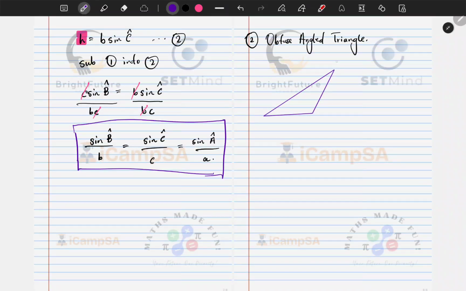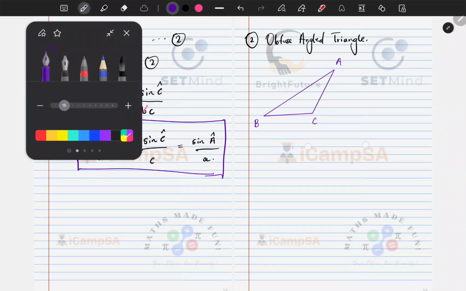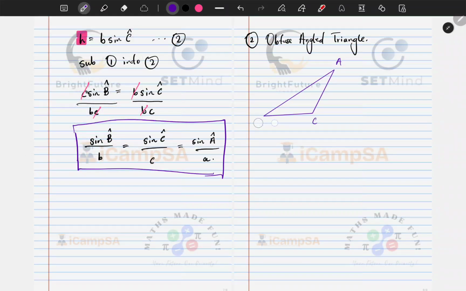So now let's say this is angle A, B, and then this is C. I think my pen may have reduced in size, so I just want it to be clear. Great. You can just call this B, C, and A.